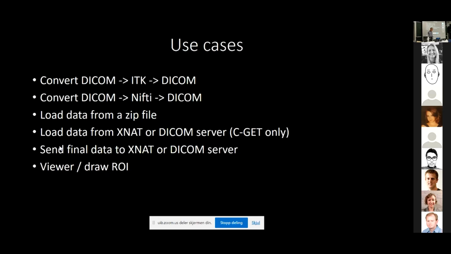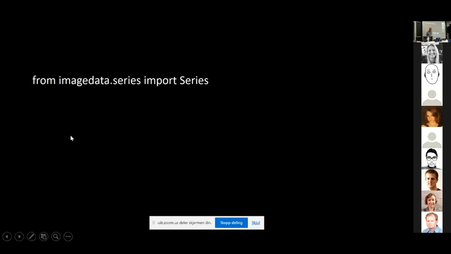And then it turned out it would also be nice to be able to see the images. This is not a visualization project, but it is nice to be able to just show the images once you're doing something. And so the basic command or object there is a series object.